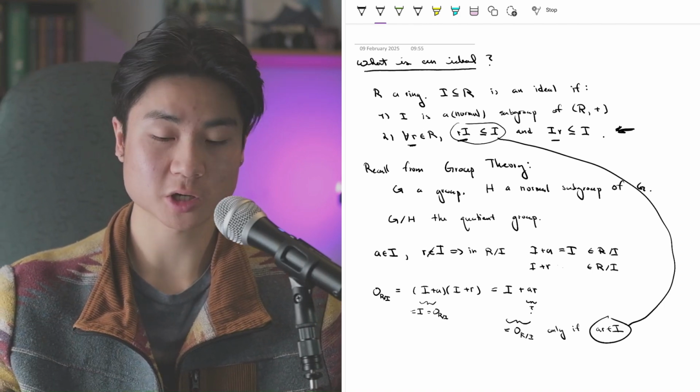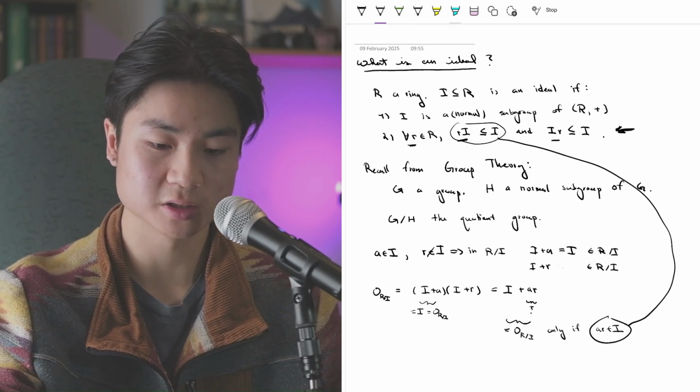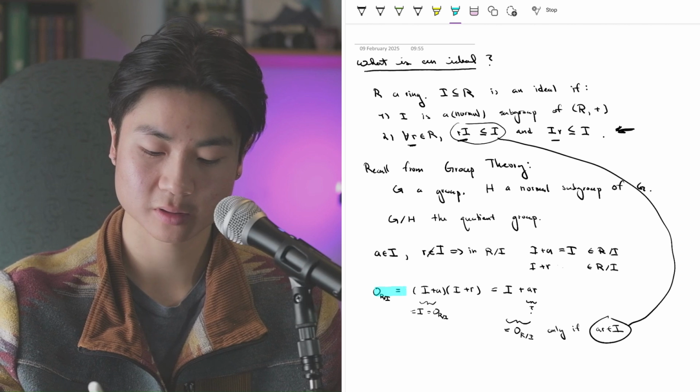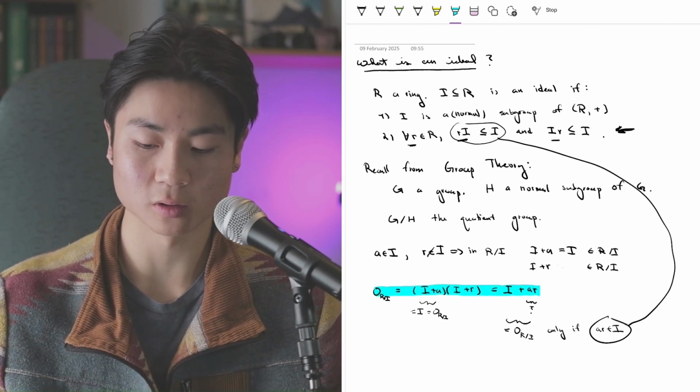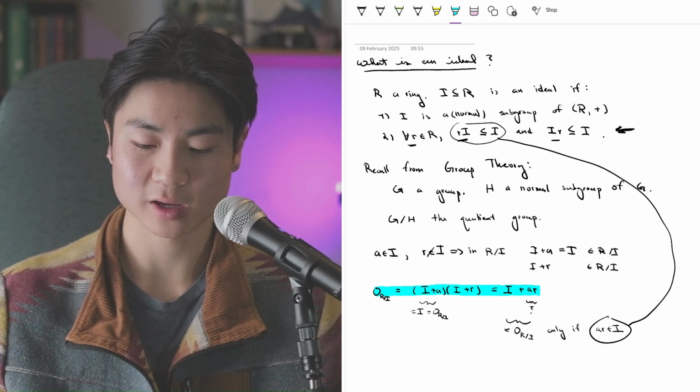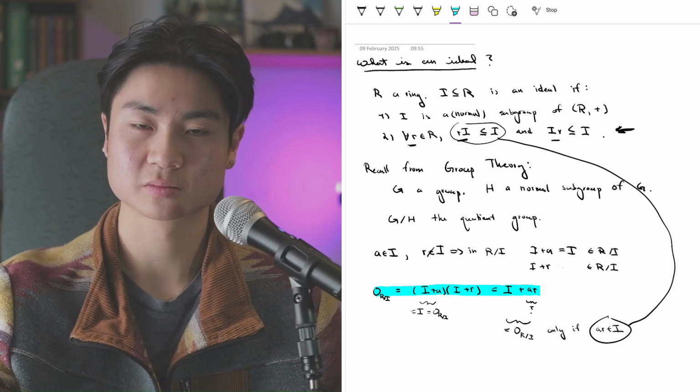And we just saw that the reason for the second criterion has to do exactly with this equality here, because this is only equal if AR is in I, which is the second criterion.